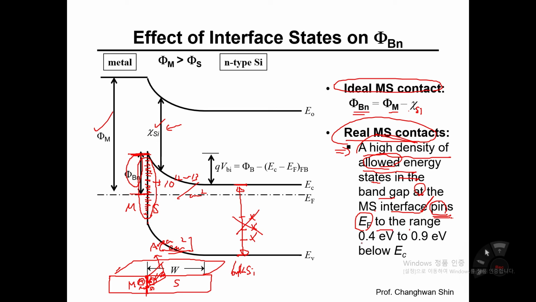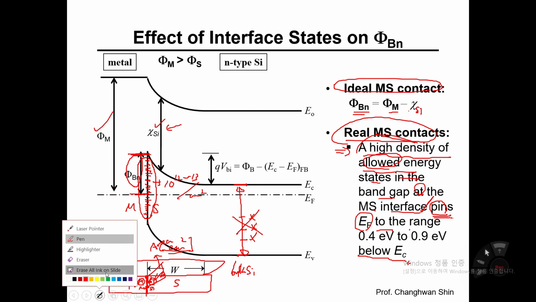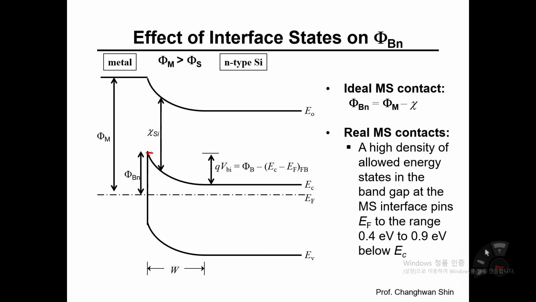In the range of 0.4 electron volt to 0.9 electron volt below E sub C. So let me raise my note and let's see. Yes, from the EC level, below 0.4 or 0.9. So in this regime, the Fermi energy level would be pinned. That means set. So in this case, EF has been set at this specific energy state.